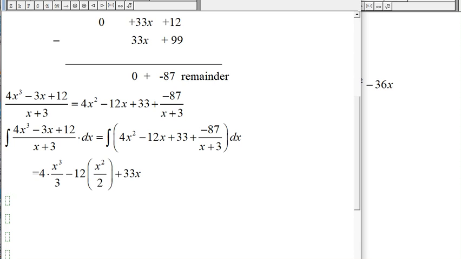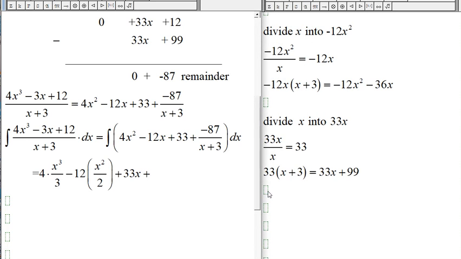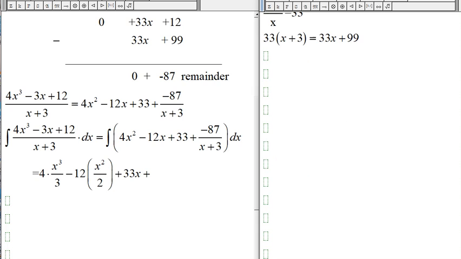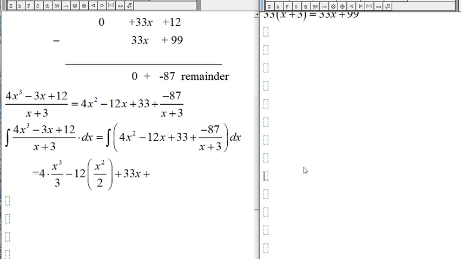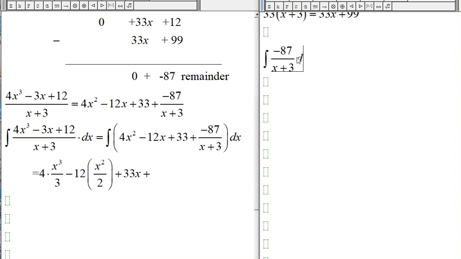And then the last part, we can do something like this. So this is the integral, and then times dx.